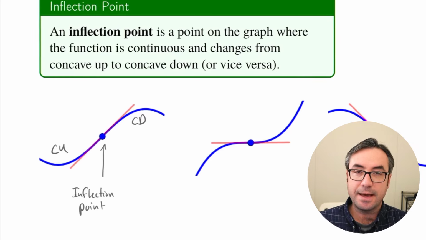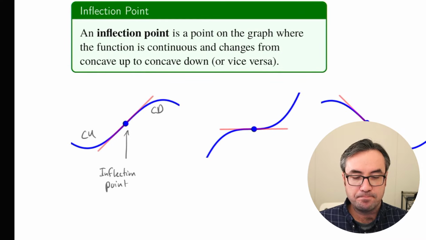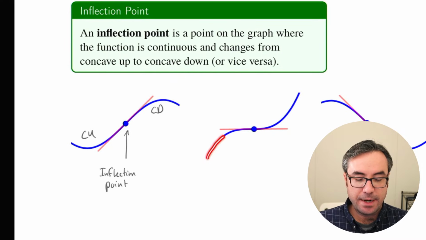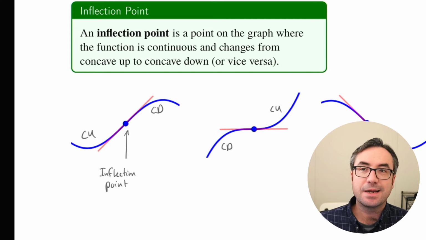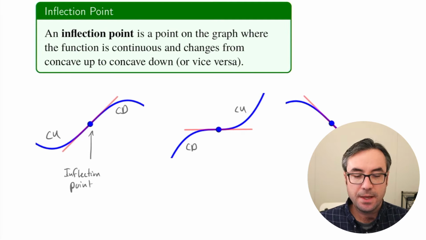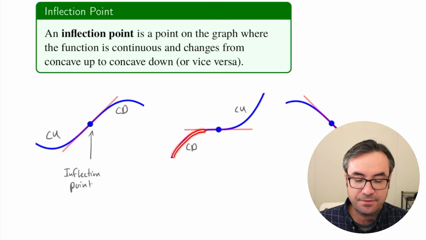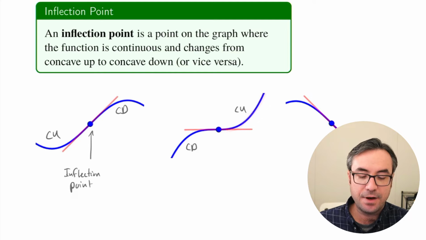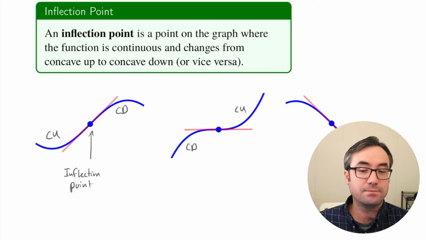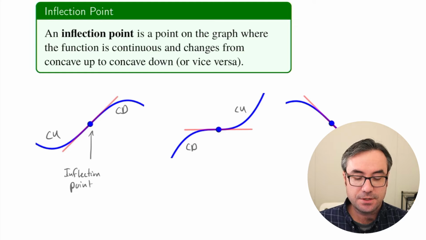So it might look something like that. In the next example here, we have one side that's concave down, and then the other side has that concave up shape. And again, what we're seeing right in the middle is, it's kind of hard to tell exactly where it happens, but this side is definitely concave down, this side is definitely concave up, and we're going to see that there's going to be one point right there in the middle where this transformation happens. We change concavity, so we have an inflection point right there in the middle.